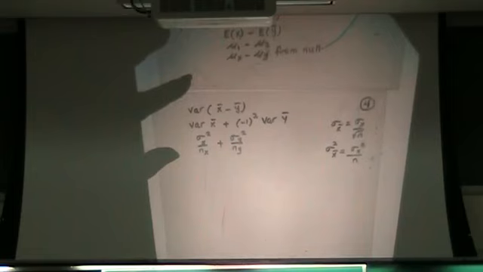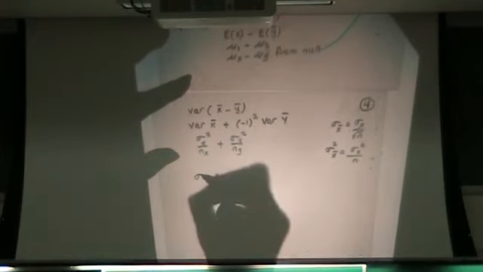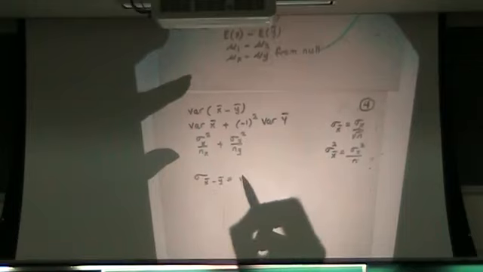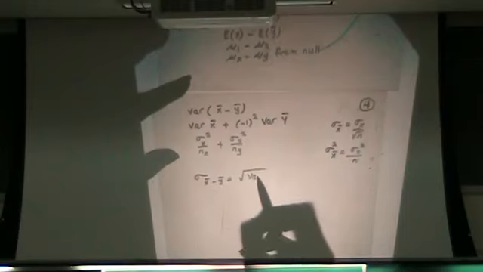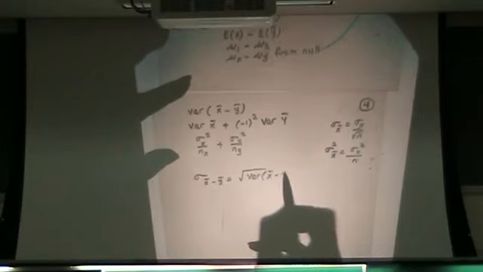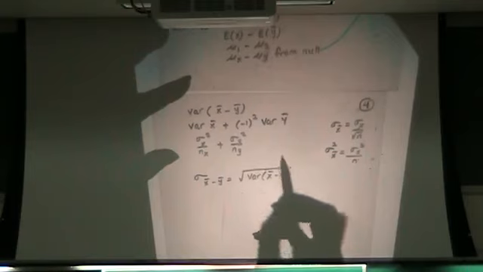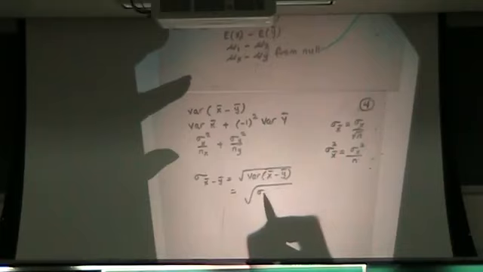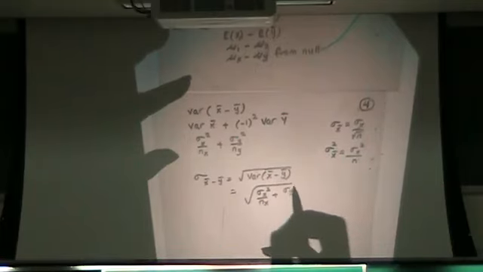And since I want the standard deviation, I'm going to take the square root. So sigma of x bar minus y bar is equal to the square root of the variance of x bar minus y bar, which is equal to the square root of sigma x squared over nx plus sigma y squared over ny.